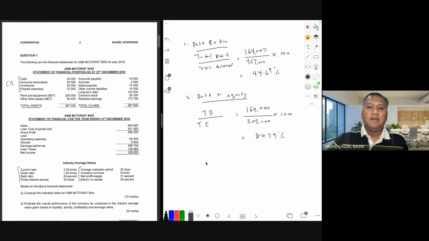Okay, and the third one is times interest earned. So this is the third ratio under leverage.